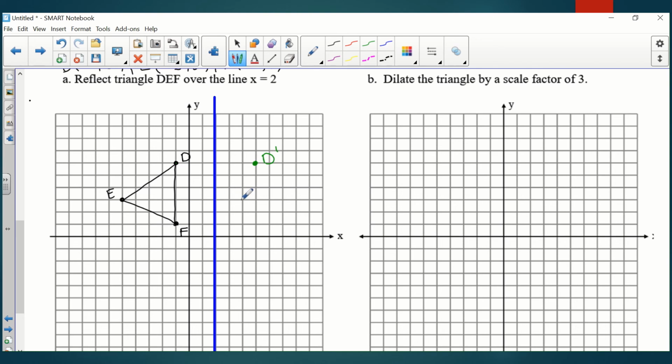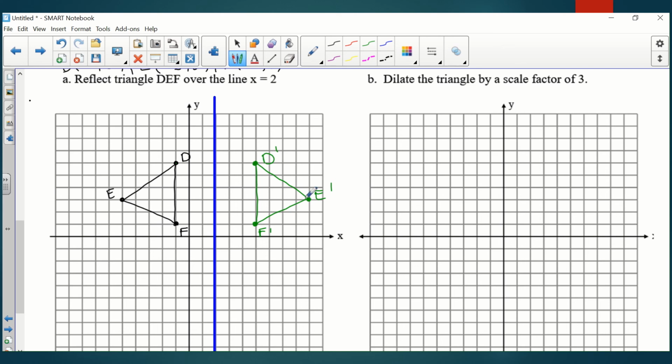So we're going to go 1, 2, 3, 4, 5, 6, 7 to the right for E prime. F is 1, 2, 3 to the left. So 1, 2, 3 to the right gives us F prime. So here is triangle DEF reflected over the line x equals 2 to create D prime, E prime, F prime.